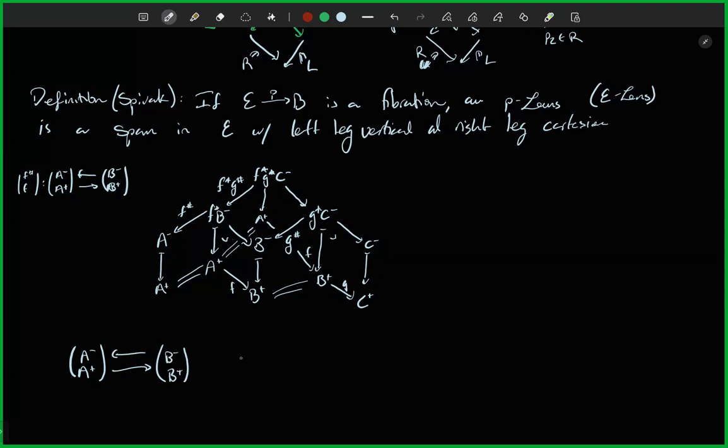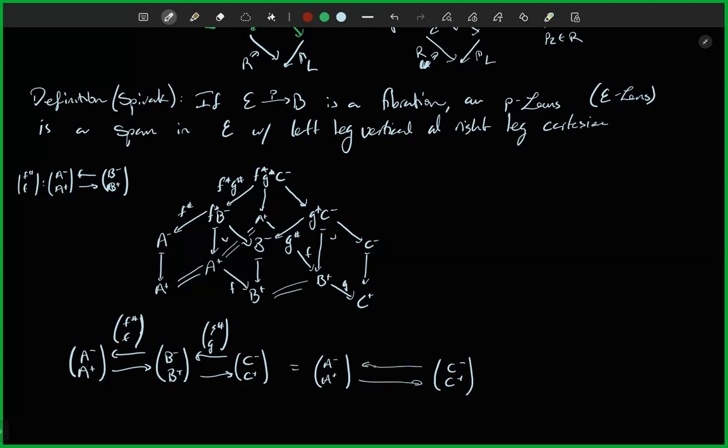B minus, C plus, C minus. This is F sharp. This is G sharp. And that is equal to A minus, A plus, C minus, C plus, C minus, G after F, and F sharp after F upper star G sharp.